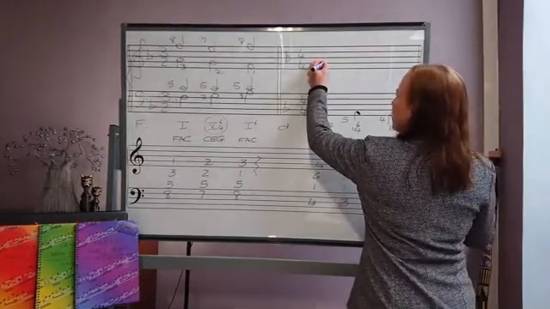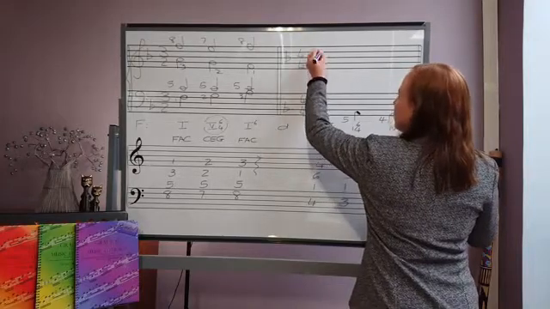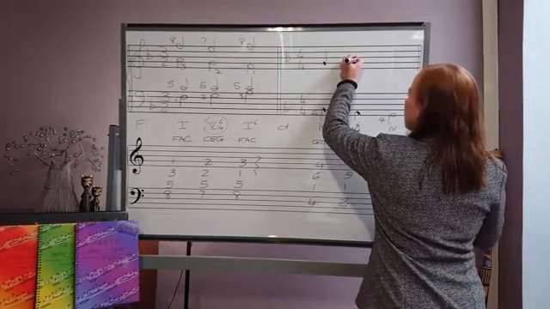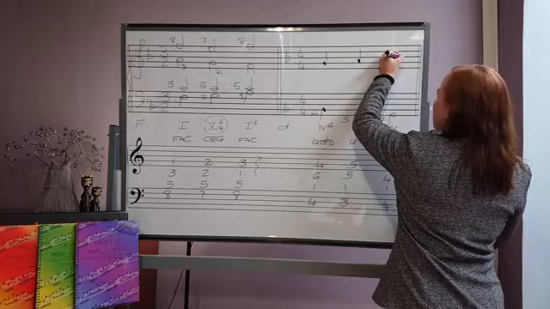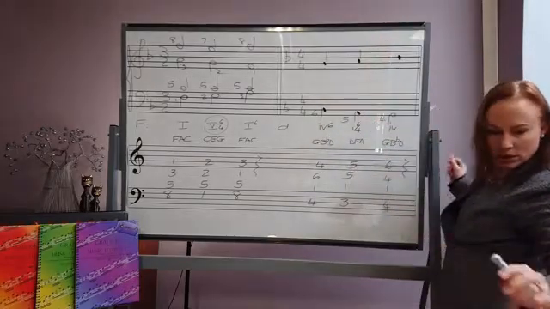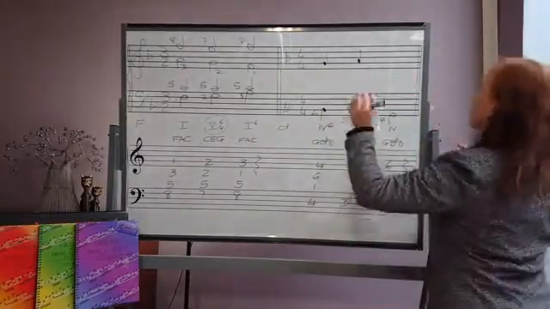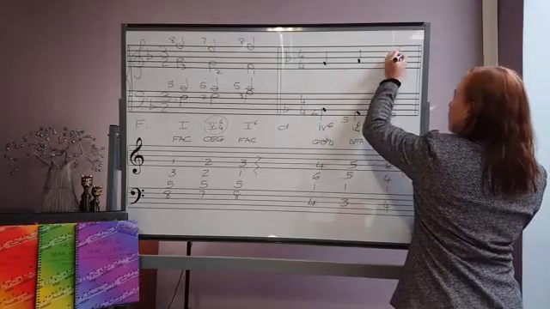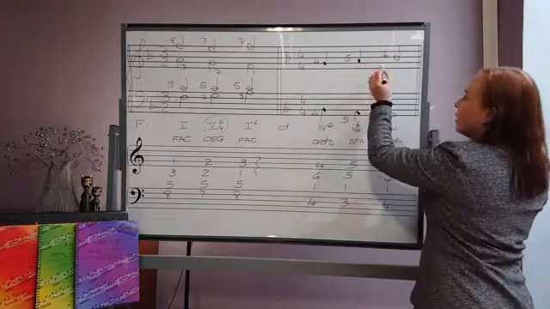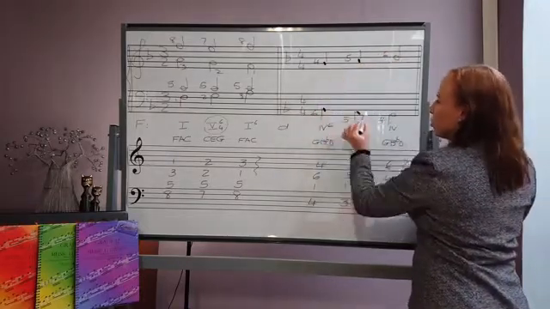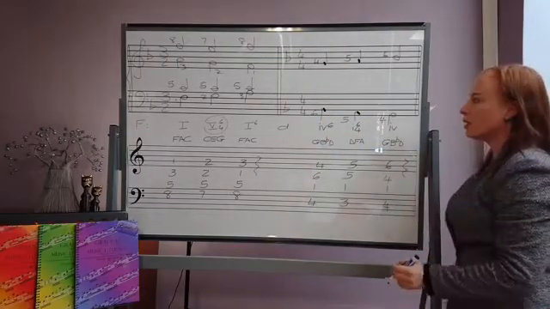I'm going to start on my G. Oh, sorry, I need to make that a minim. Okay, so now I have my 4, 5 and 6 there. So very nice that I have the contrary motion between my bass and my soprano. It's always a good aim to have.